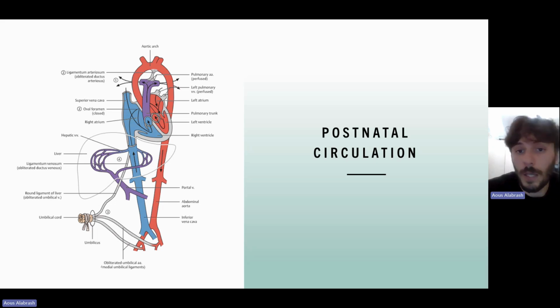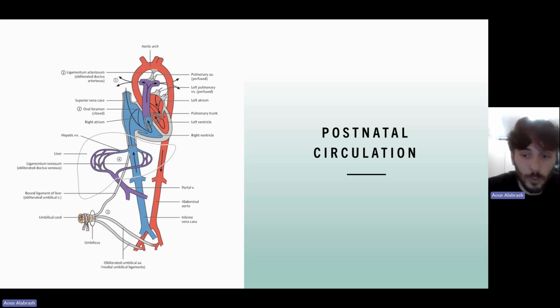That's it for the umbilical arteries. However, the umbilical veins close, and the ductus venosus closes as well. The umbilical veins form what's known as the ligamentum teres of the liver, and the ductus venosus forms the ligamentum venosum.